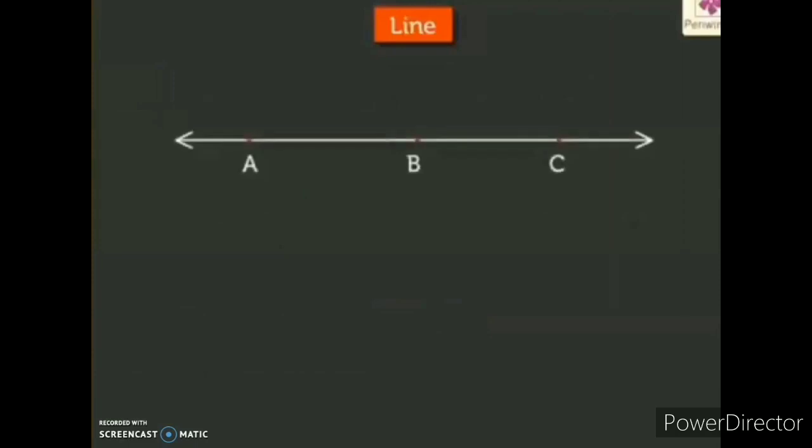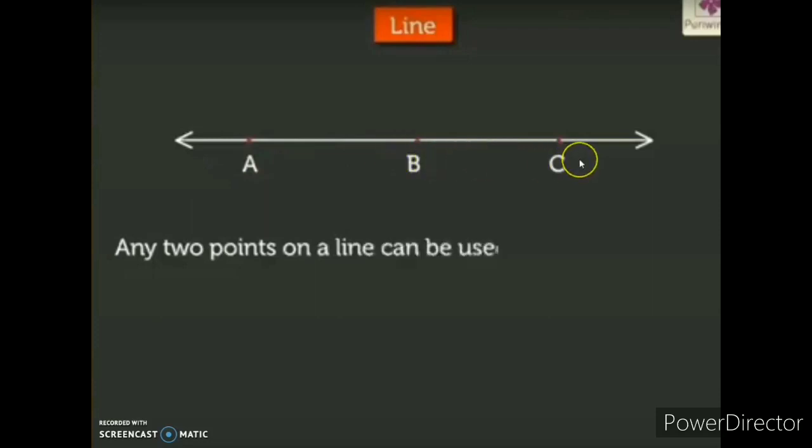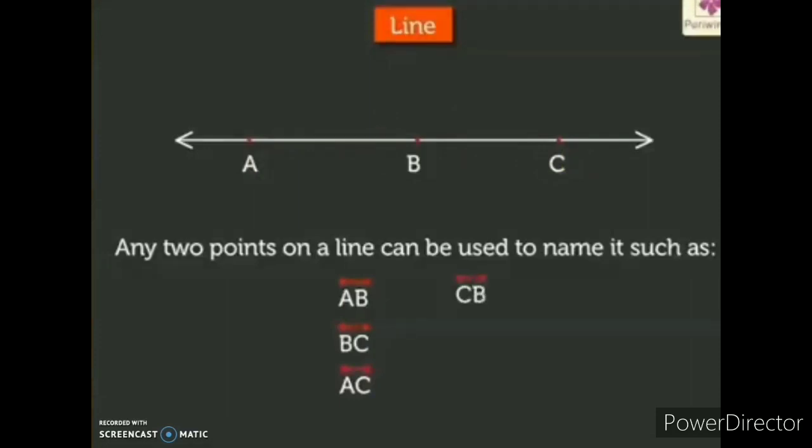So here is the line, children. On it ABC I have marked. So any 2 points on a line can be used to name it, like line AB, line BC, line AC, line CB or line CA or BA.